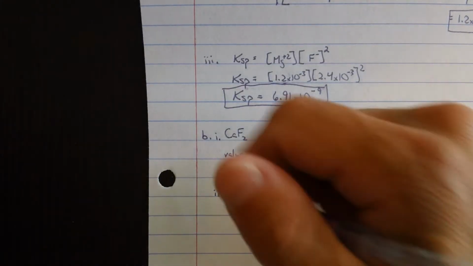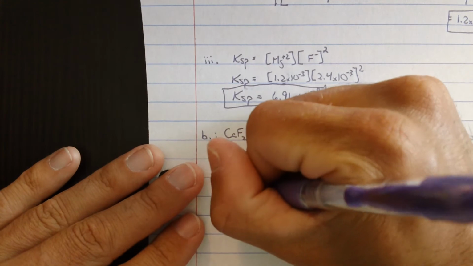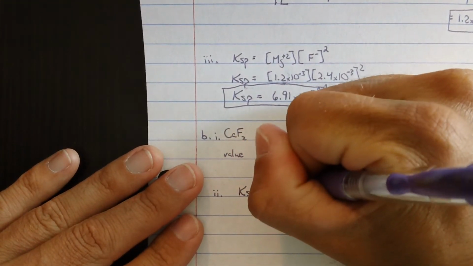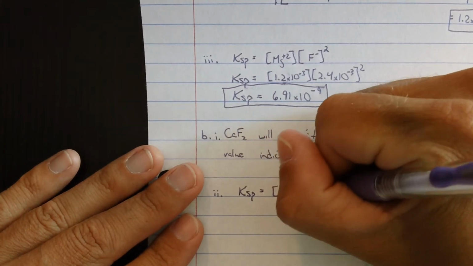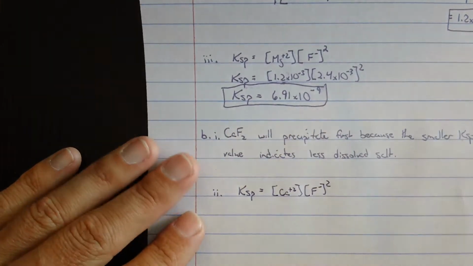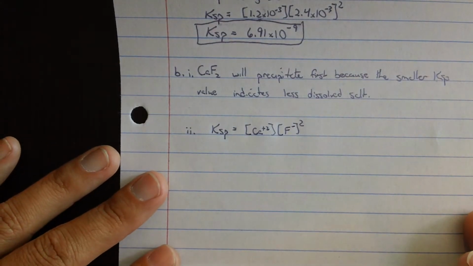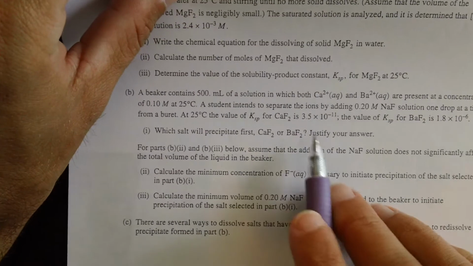So we've got to set up a KSP here. The KSP for the calcium fluoride is going to be the calcium ions times the fluoride ions squared. They gave us the KSP for calcium fluoride in the problem, 3.5 times 10 to the negative 11th.